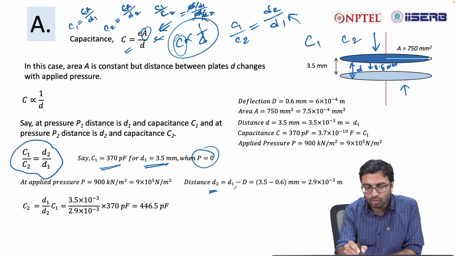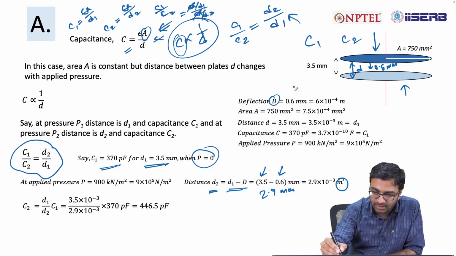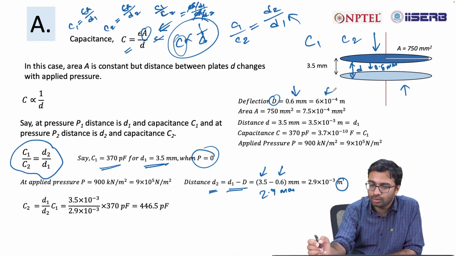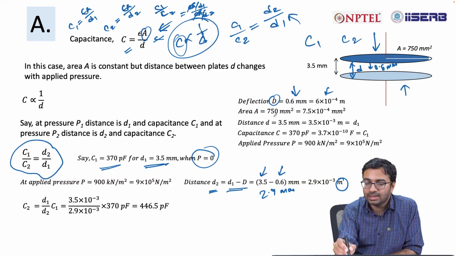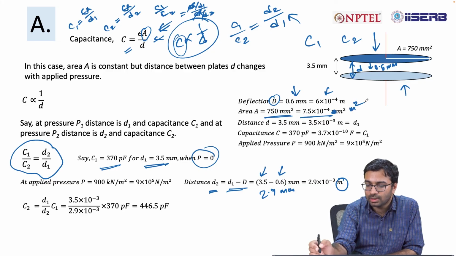So, your D2 is equal to D1 minus D, that is 3.5 minus 0.6. So, it is like 2.9 mm, which is equal to 2.9 into 10 to the power minus 3 meter. The deflection D is 0.6 mm, which is equal to 6 into 10 to the power minus 4. Area A is equal to 750 mm square, which is 7.5 into 10 to the power minus 4, sorry, it is m square, meter square, if you convert it to meter square.